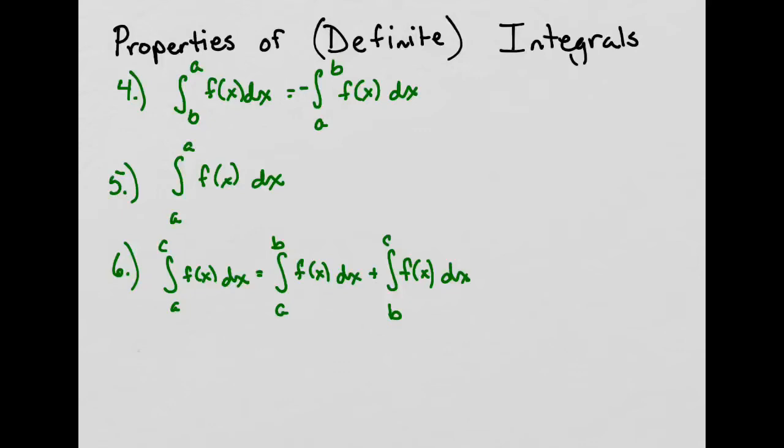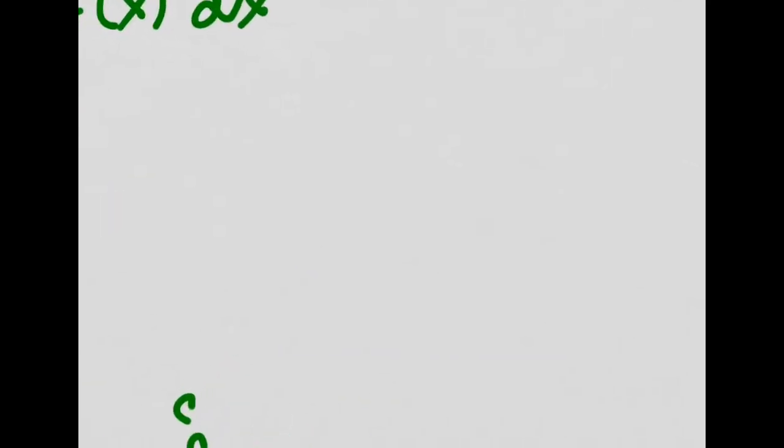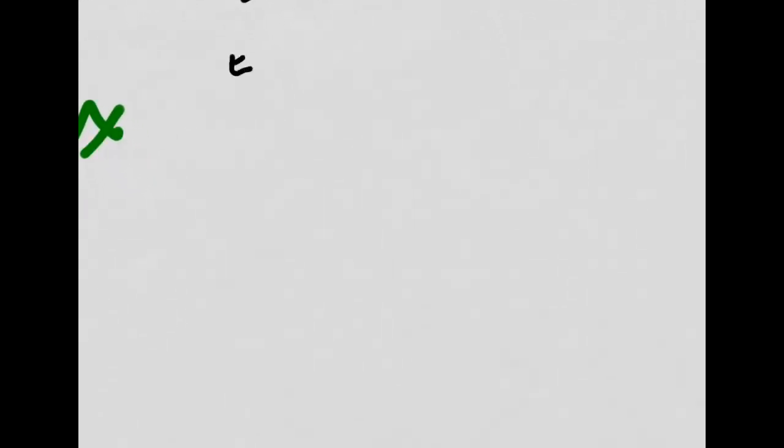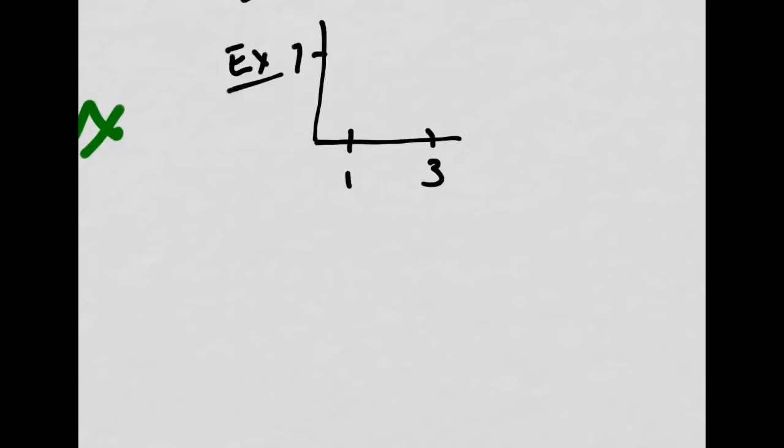So let's look at this real quick. If we were to draw, let's just think about a constant. So if we're going from 1 to 3 at 7, this was the example from the very first property.